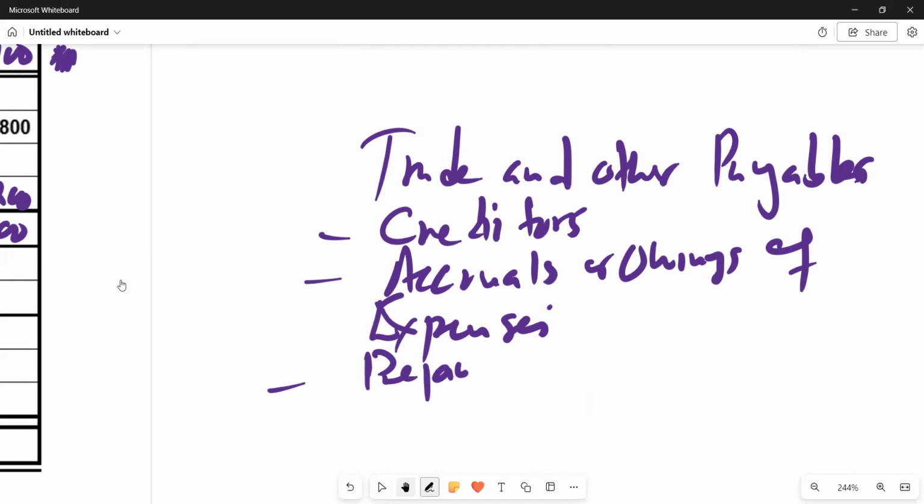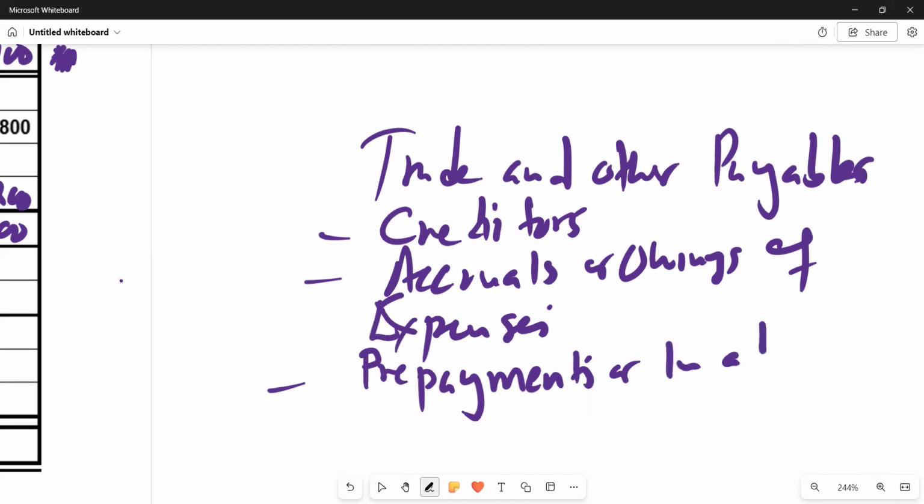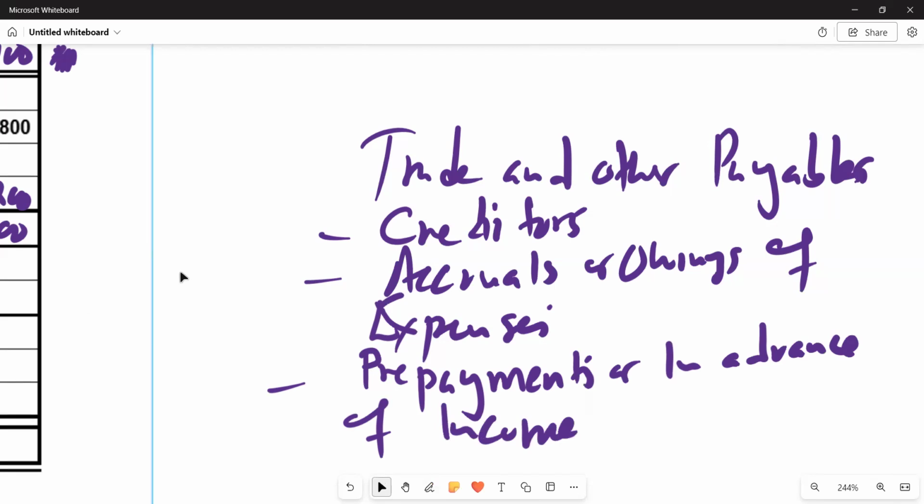Prepayments or income in advance. So these are the elements of trade and other payables. So those are the items that we are just going to try to look for in the question.